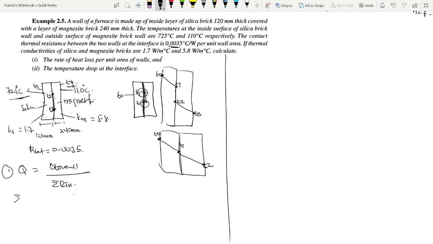So for the summation of our resistances, we are going to get the resistance of the silica plus the interface resistance plus the resistance of the magnesite.